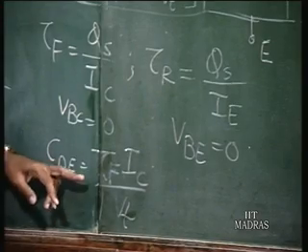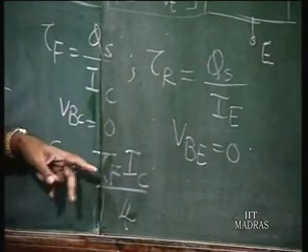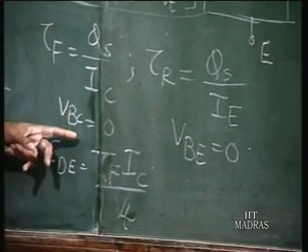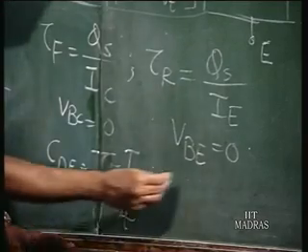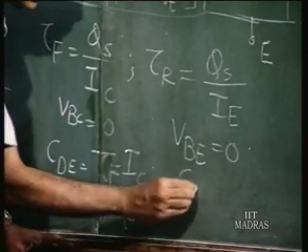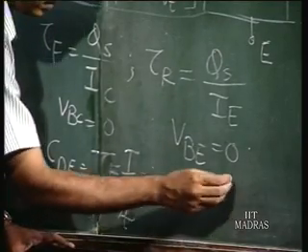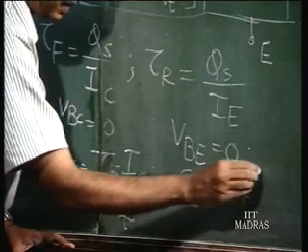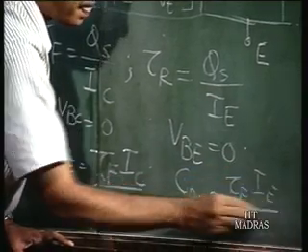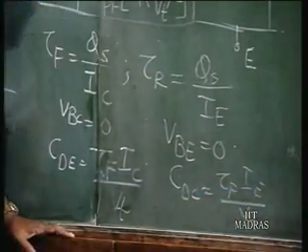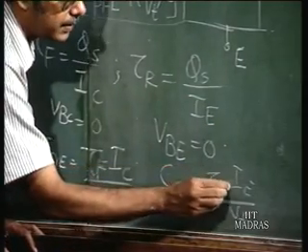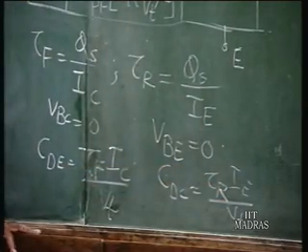All right. So this is of course when VBC is equal to 0. And for this case, CDC will be equal to tau r, sorry. So this is the reverse transit time.